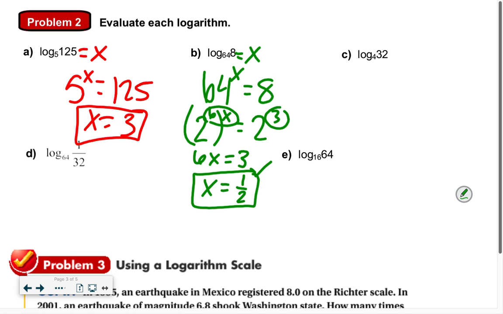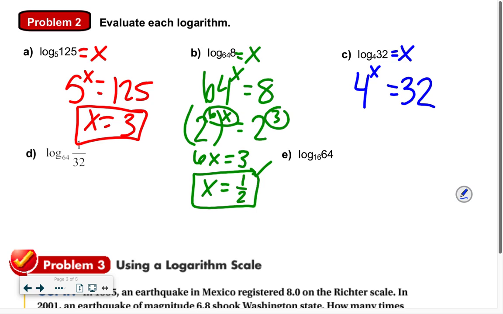Let's try C. First thing I gotta do is set it equal to what? X. Okay, now set it up. What's my base? 4. What's my exponent? Equals how much? 32.